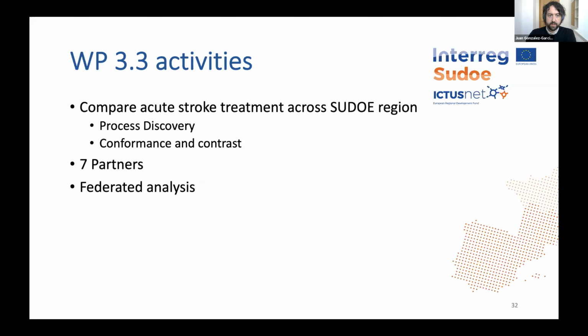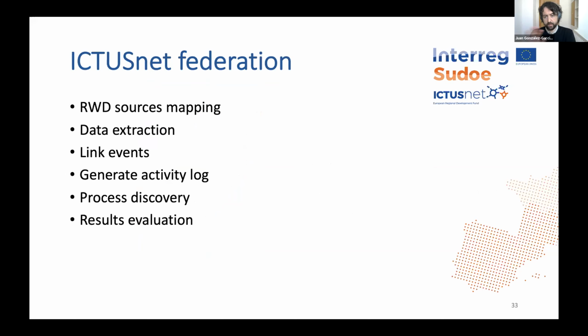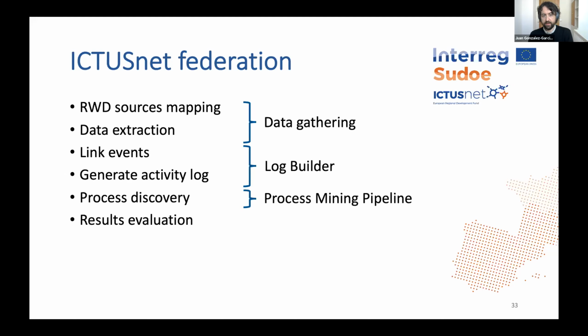We have encapsulated the steps of the analysis in four parts: the source mapping and data extraction, the event linking and activity log generation, the process discovery, and finally the result evaluation.